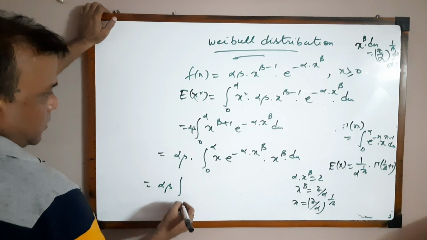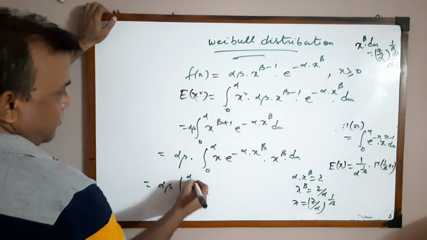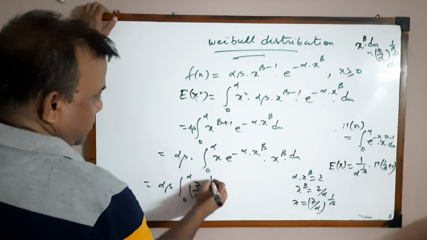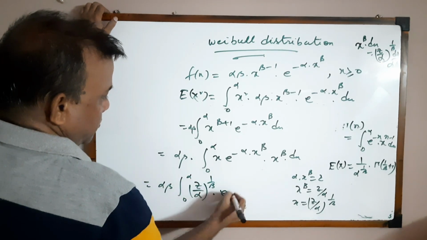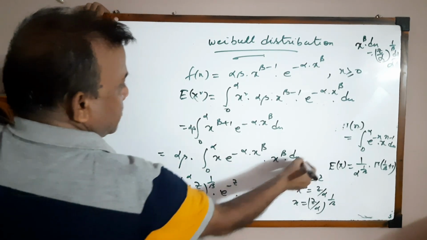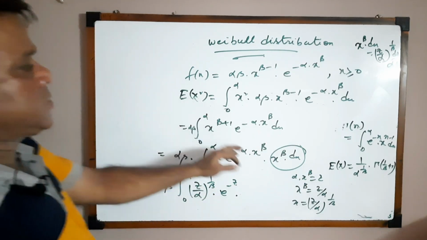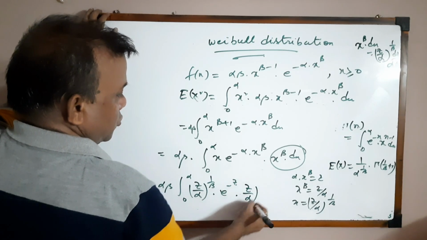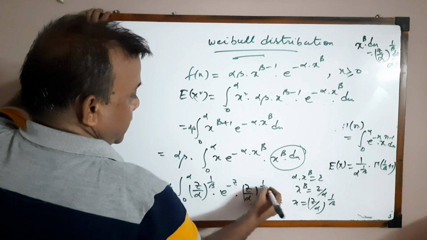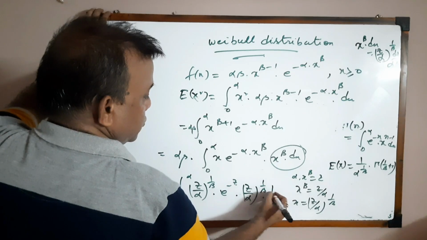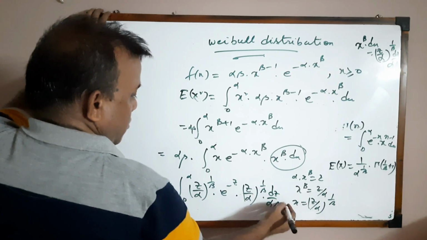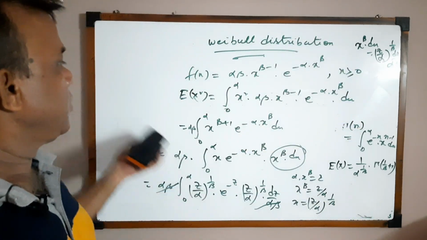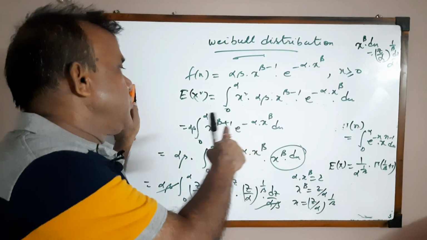Alpha beta, integration 0 to infinity, z by alpha whole to the power 1 by beta e to the power minus z, and x to the power beta dx is equal to z by alpha whole to the power 1 by beta into dz by alpha beta. Okay, very easy, but some calculations are there.